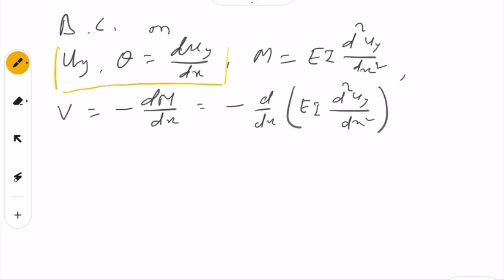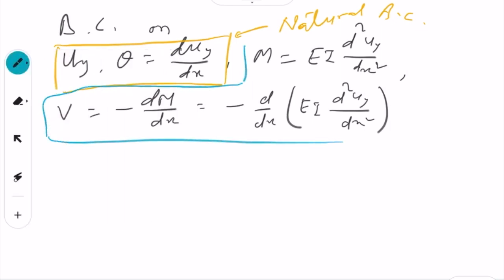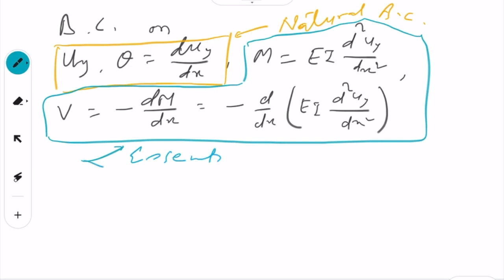So this is natural boundary condition, and these two will be essential boundary condition, where we know what that means.